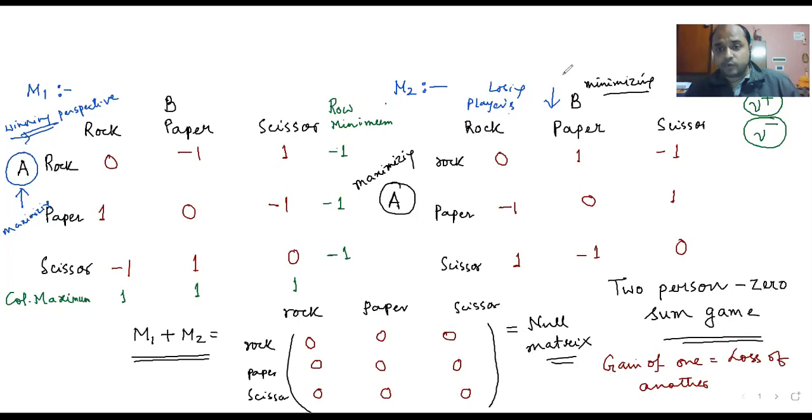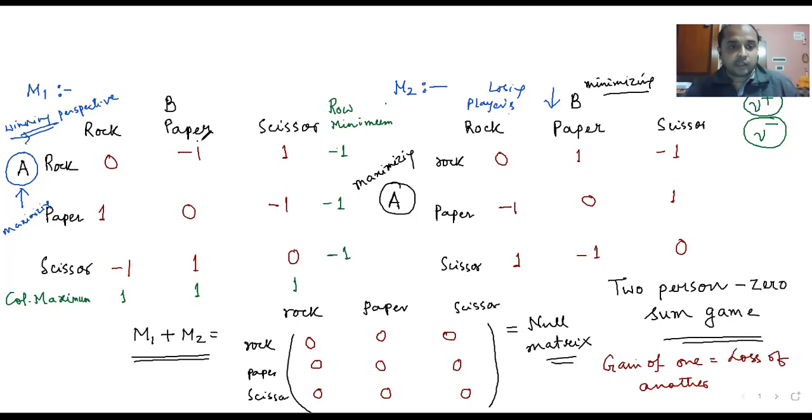So I have put this direction. You see, in a two-person zero-sum game, if one player loses, the other player gains. So if this is the loss of player A, this is the gain for player B. Let me write it over here, you will understand.